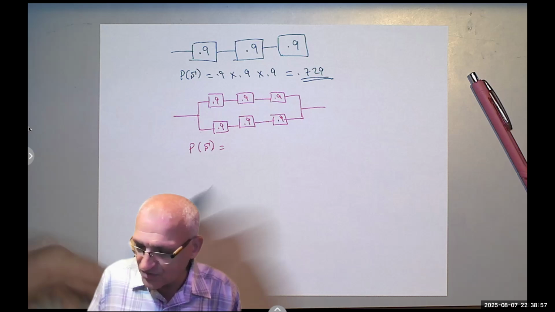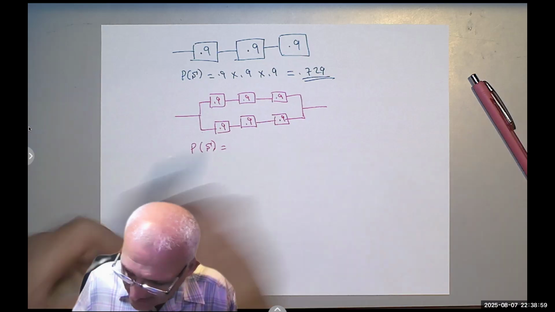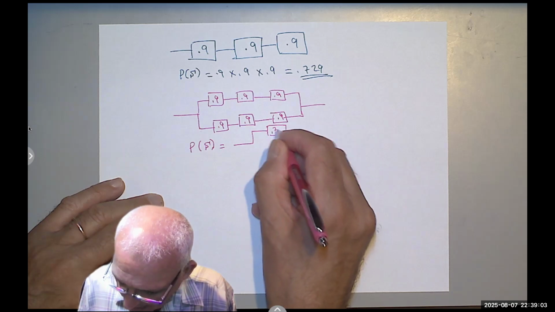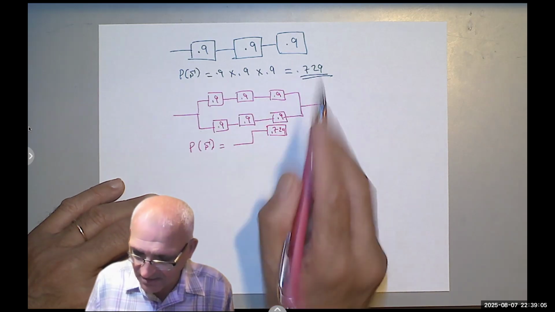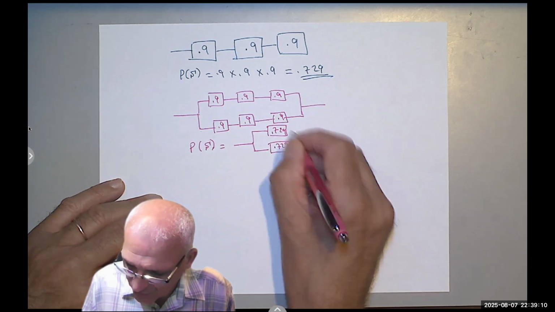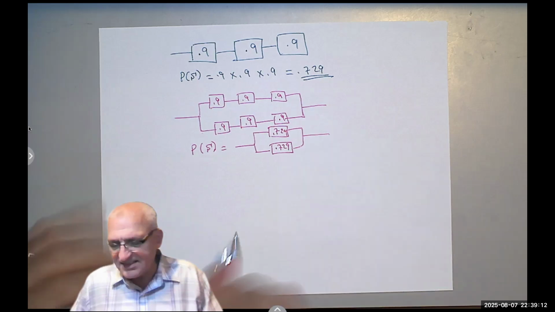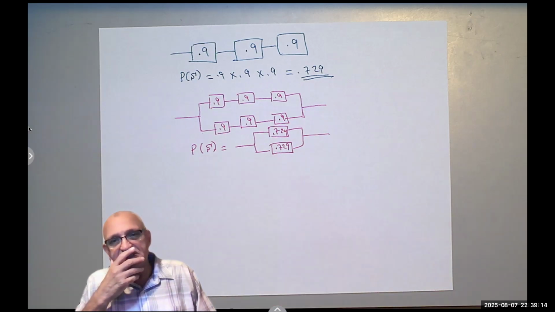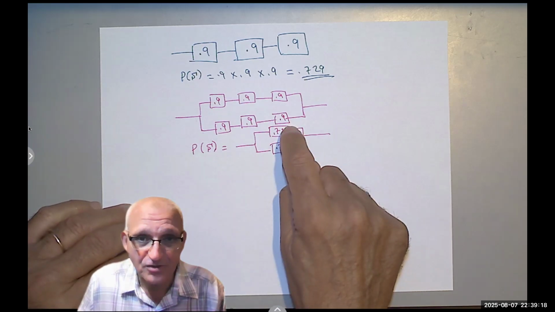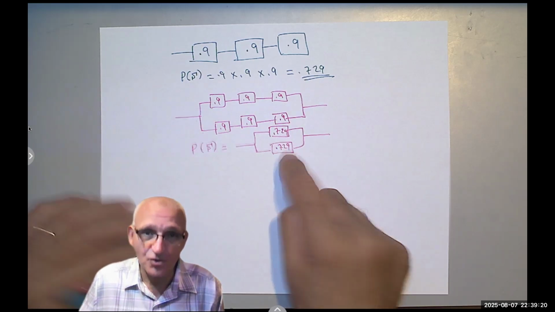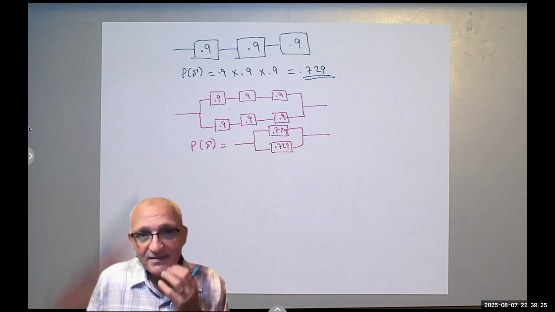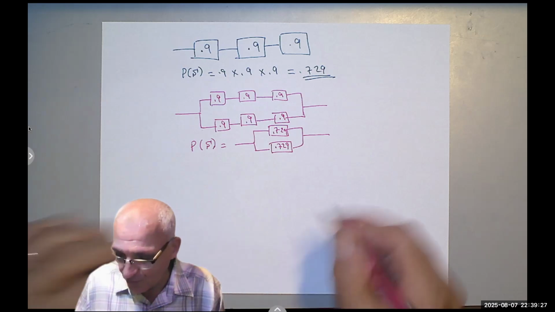So it's easier to say, well, I can replace the top branch by 0.729 because I already know that's the reliability, and I replace the bottom with 0.729 and then say, in order for this system to survive, either the top survives or the bottom survives or both survive. So it's the probability of or, right?